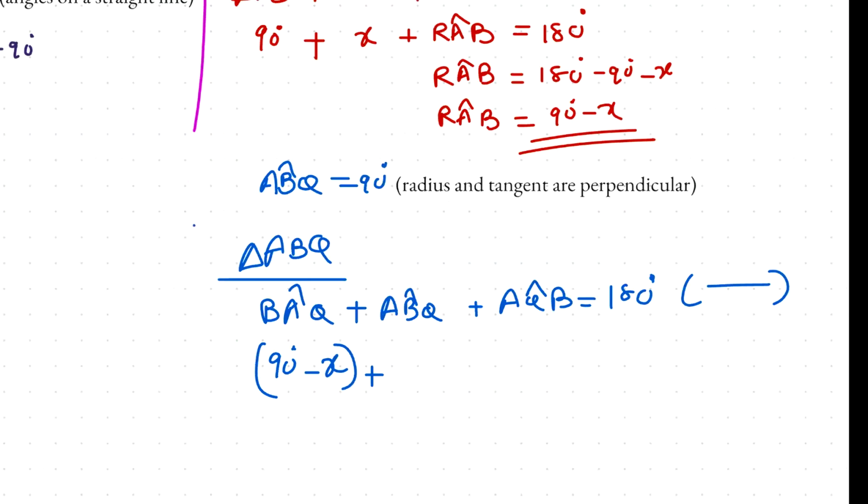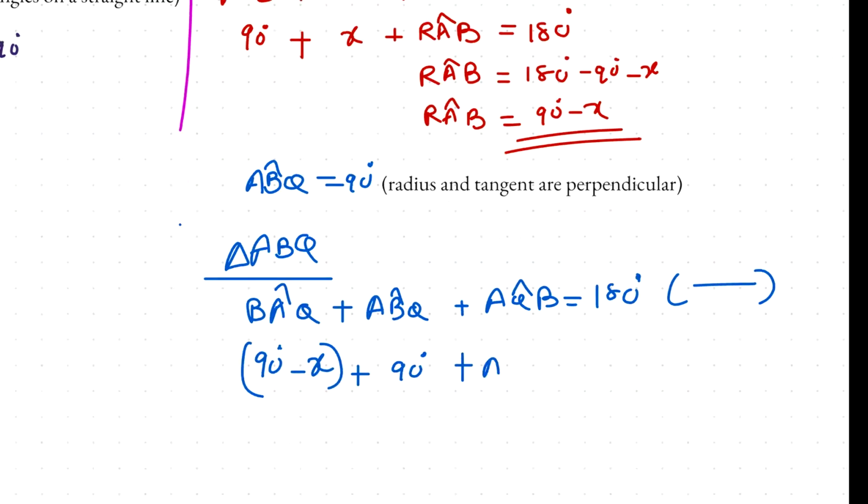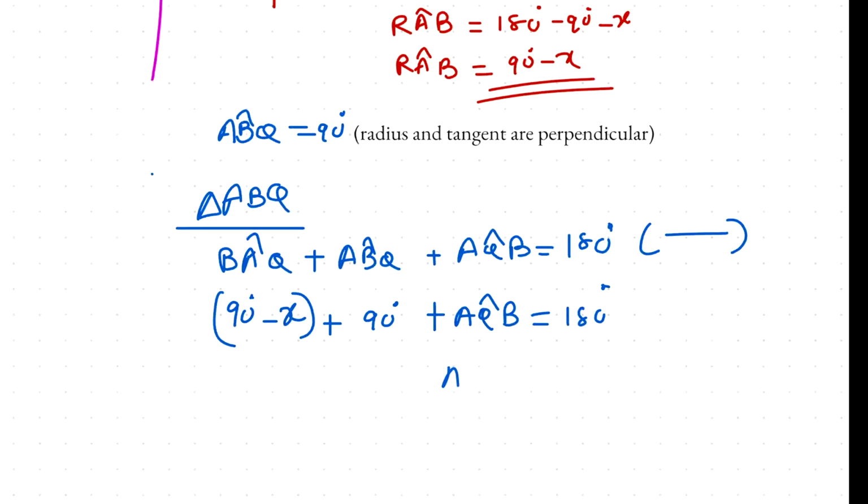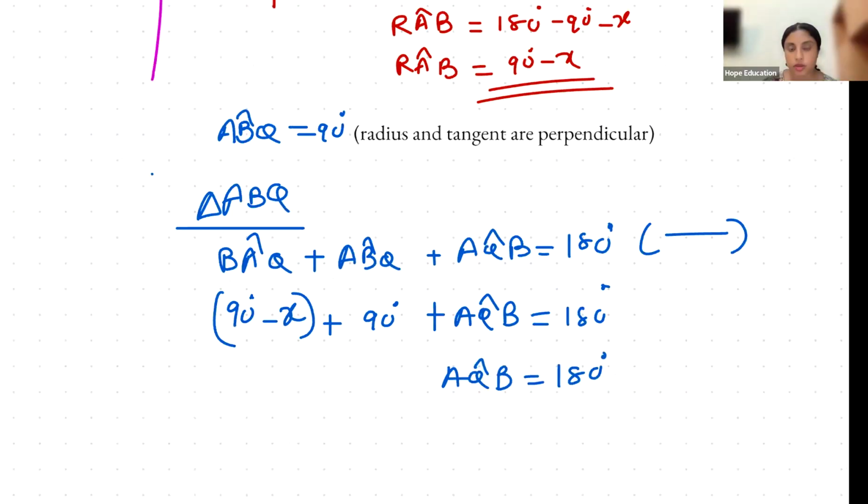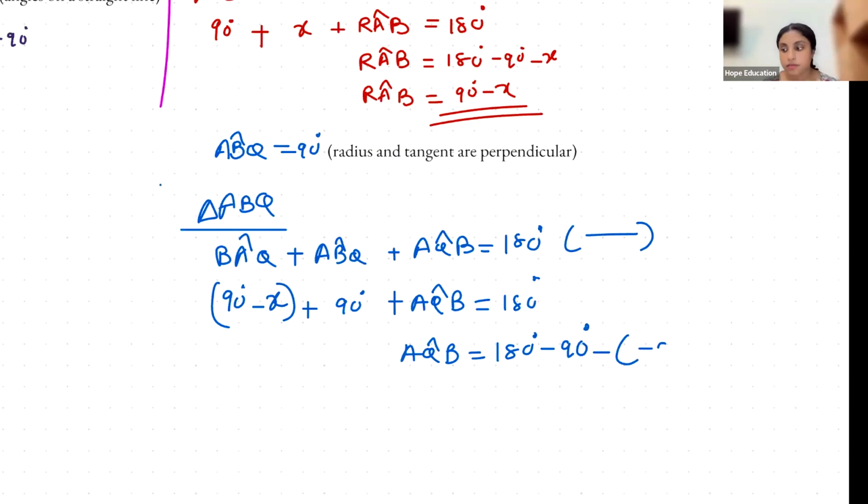Then AQB, I have no idea, I will just write it as it is. Equals 180. Then AQB is equal to 180. When this 90 goes to this side it becomes minus, and this 90 minus x also goes to the other side: 90 minus x.